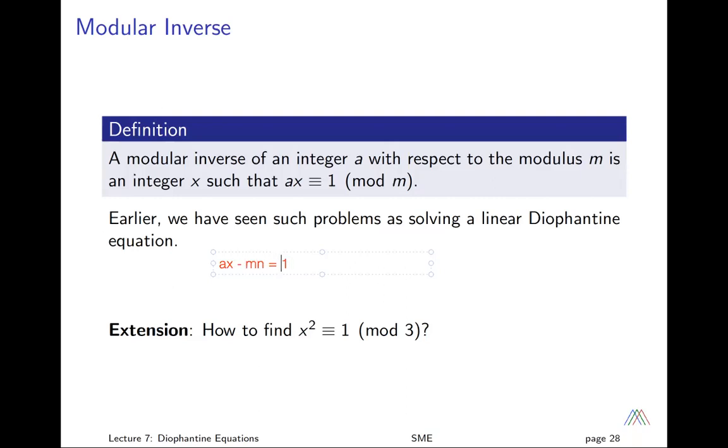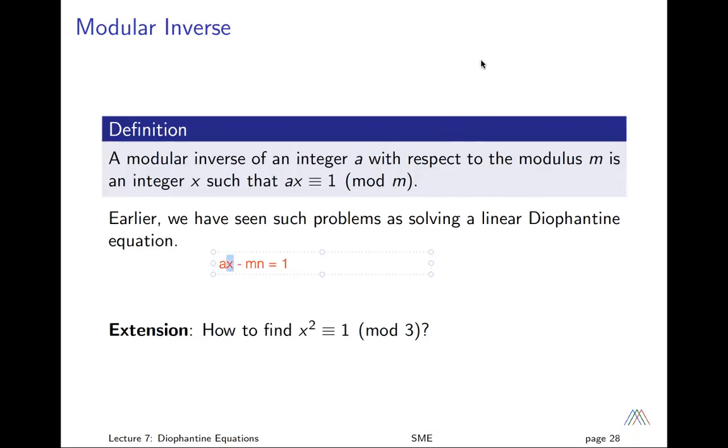We know that m is given and a is given. First we have to know that a and m have a GCD of 1. Then by Bezout's identity, there exists an x and an n such that this is equal to 1. So you can use the extended Euclidean algorithm to eventually find x.